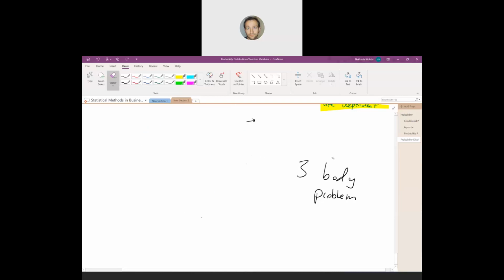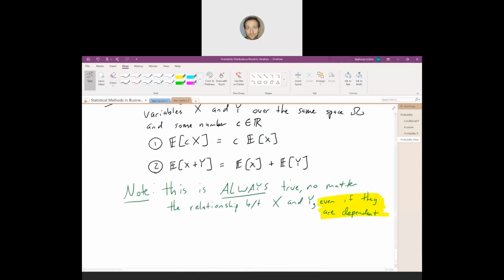So that is an example of dependence, when one body pulls on another, and then that pulls on another, and then they're all interacting, and everything is dependent, and it's a nightmare. It's a big mess. But with expectation, everything is easy.